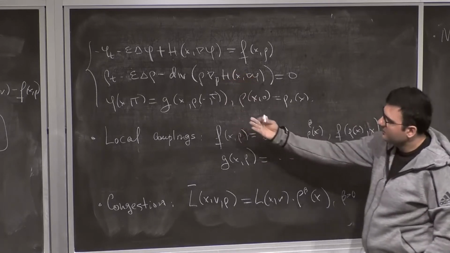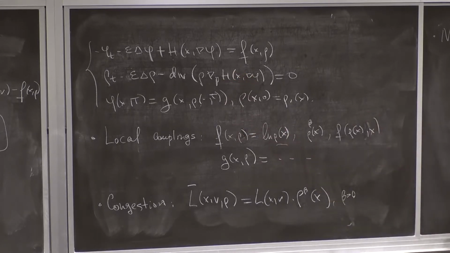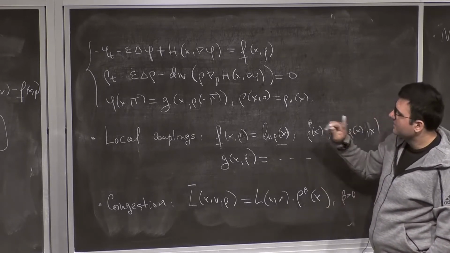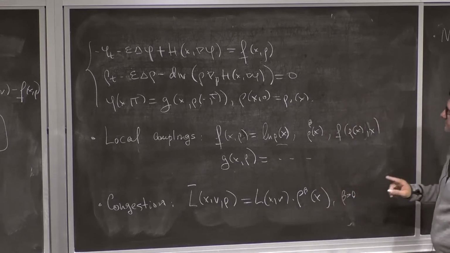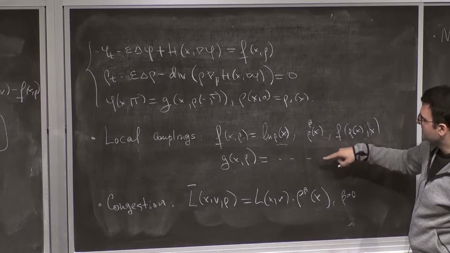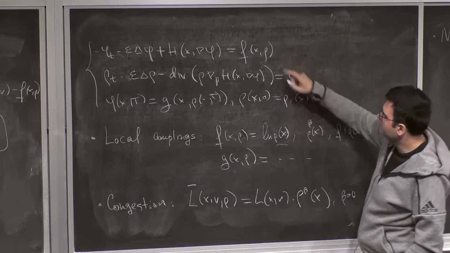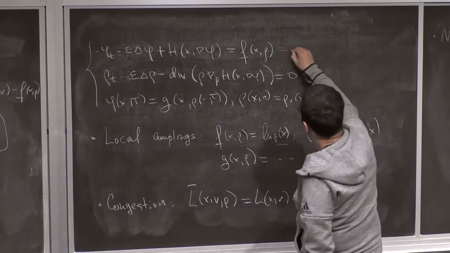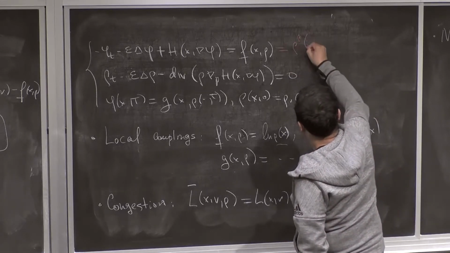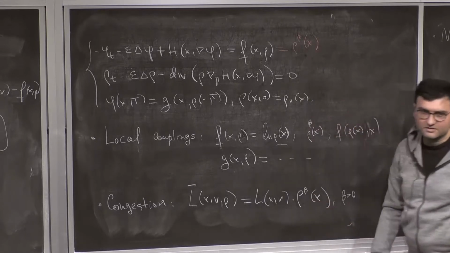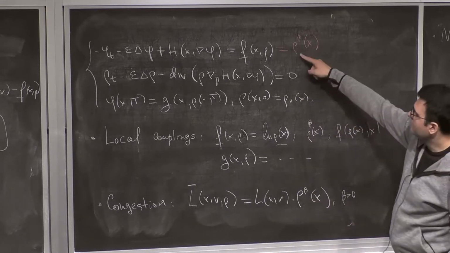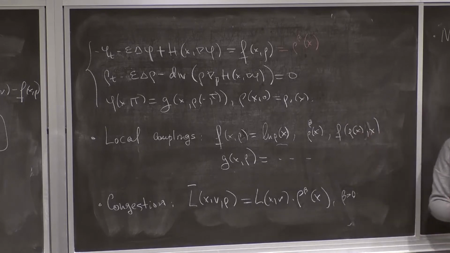The natural theory for Hamilton-Jacobi equations is the theory of viscosity solutions. But there is a problem here, which is the following. Let's assume that this f of x, rho is equal to rho to the power beta of x for a second. Now, a priori, rho is a density, so it's an L1 function, right?